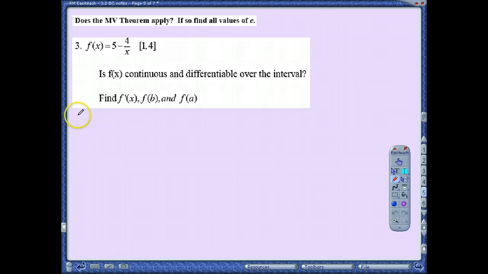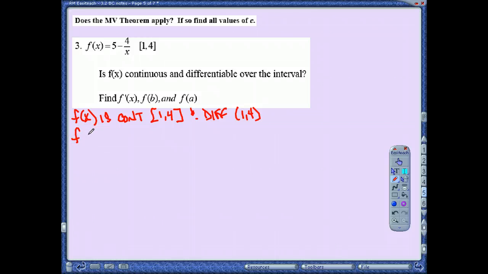We have to write it out. f of x is continuous on the closed interval and differentiable on the open interval. There aren't any corners, cusps, vertical tangents, discontinuities. We're fine. We do need to find f of b and f of a and the first derivative so that we can complete this. So far we are on our way on the mean value theorem.